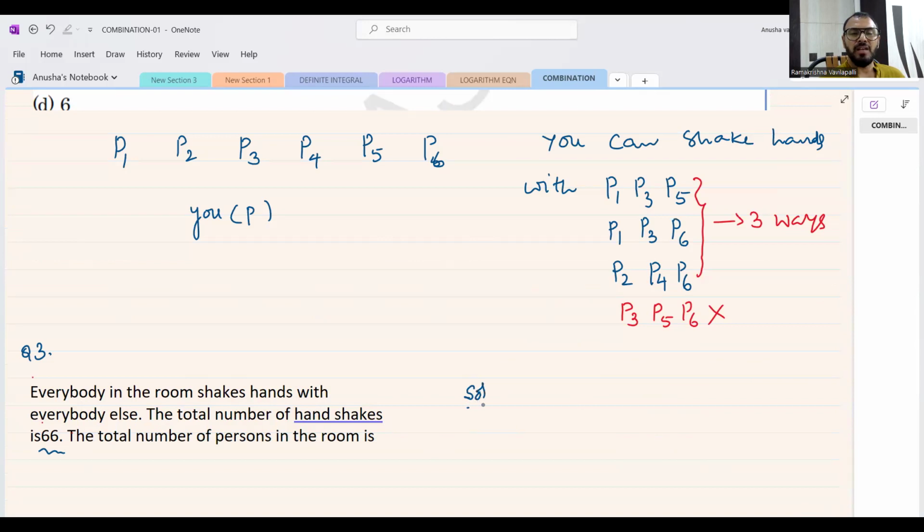Now, instead of asking the number of shake hands, they are asking how many persons are there in the room if the total number of shake hands is 66. Suppose there are n persons in the room.